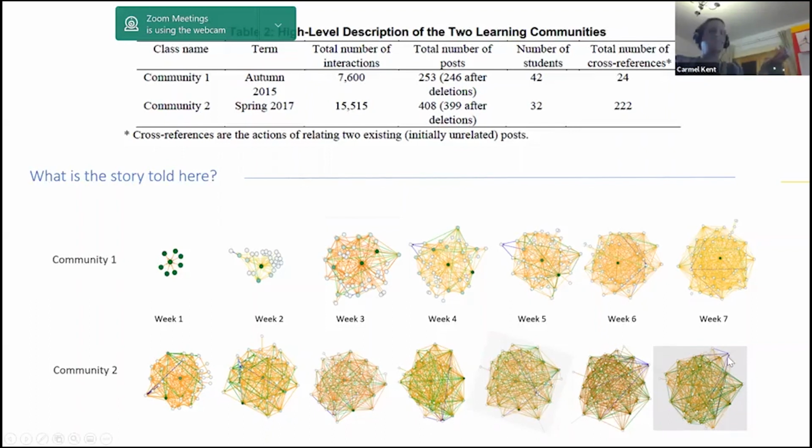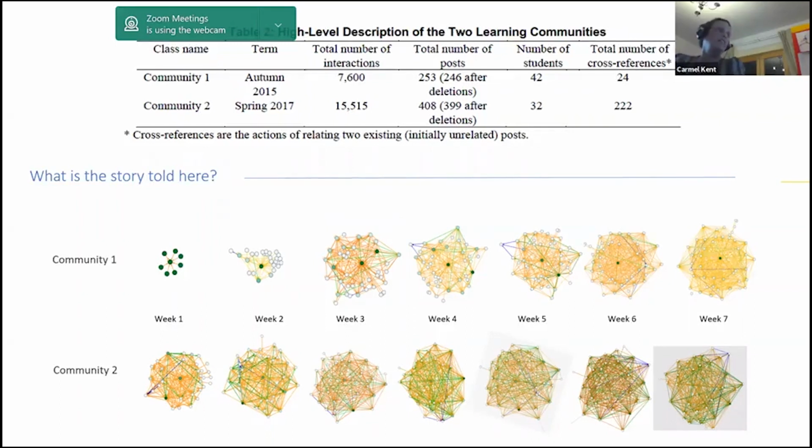So what is the story that is told here, when we see a week by week process and growth of this network of interactions? Clearly we see a much slower start of Community 1. It starts very, very sparsely. Second, even though the number of students is larger, it stays much more sparse all the way through.